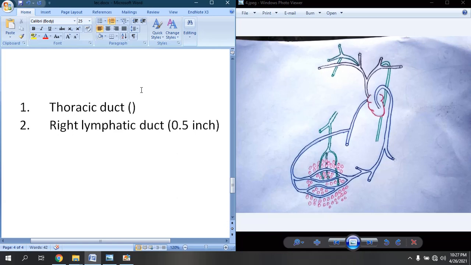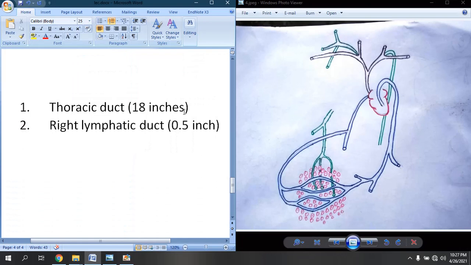You can see that this is up to 18 inches in length. First of all, the right lymphatic duct is very simple, so I'm going to show you the main branches of the right lymphatic duct. The right lymphatic duct has 3 main branches, as I have shown over here.